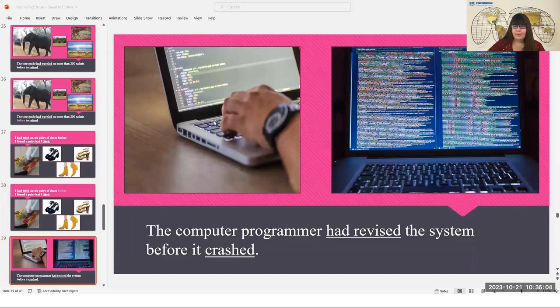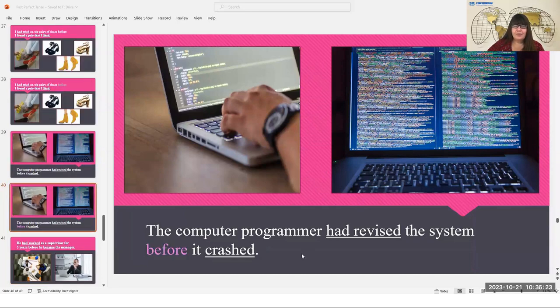The computer programmer had revised the system before it crashed. Okay, so he did all the revising, made sure it was up to date, everything was good. And then later, something happened, it crashed. The computer programmer had revised the system before it crashed.